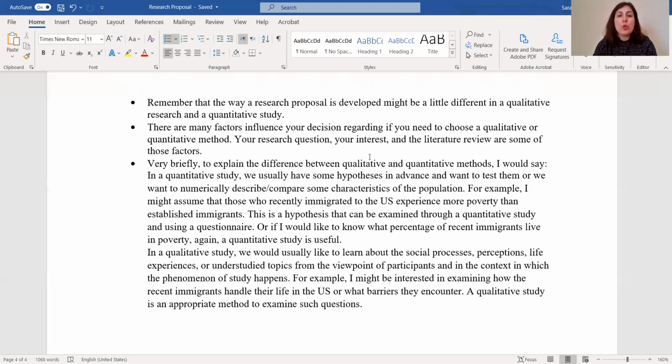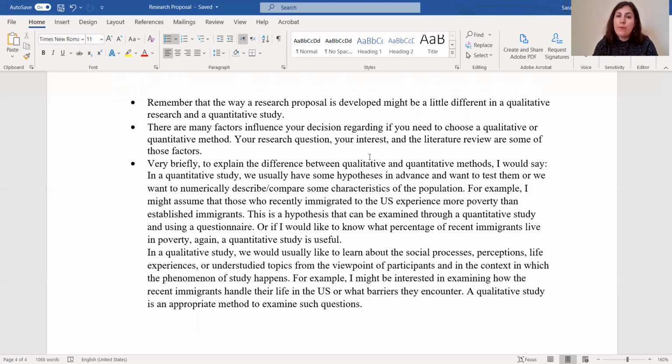In contrast, in a qualitative study, we may be interested to examine social processes, perceptions, life experiences, or we are interested to examine understudied topics. In this case, we use qualitative methodology, which is very important.